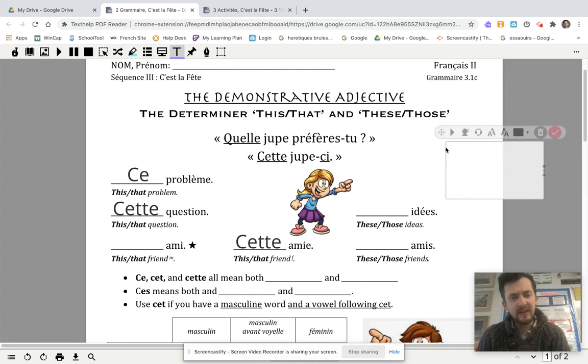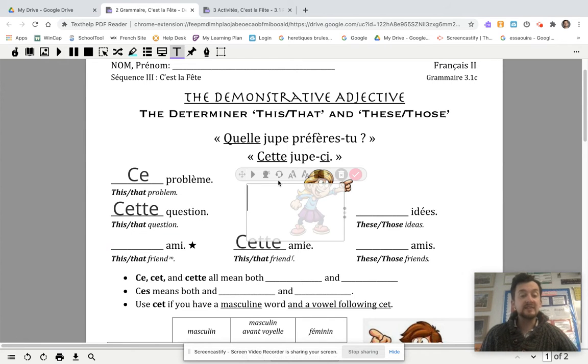And I think that sounds fine. And I know for a French person that sounds fine, right? Cet ami, you've got a consonant sound that can begin this next word, cet ami. D'accord? So that's fine. But what if I want to say ce and ami? It's not going to become c apostrophe. D'accord? There's a special form.